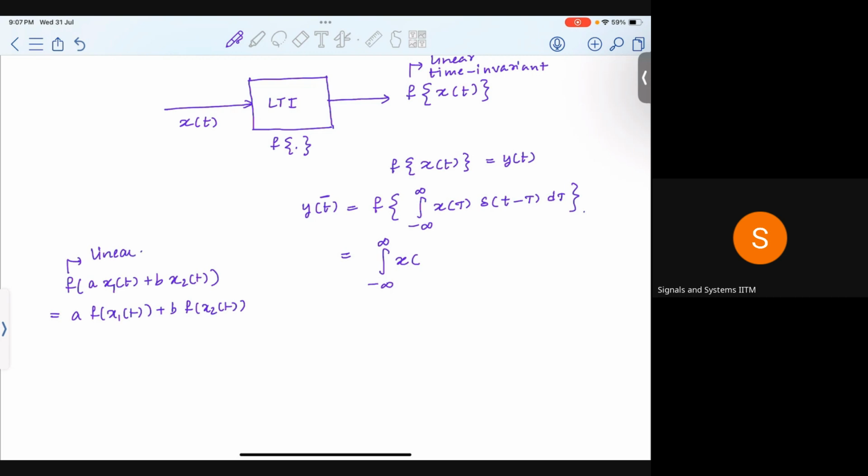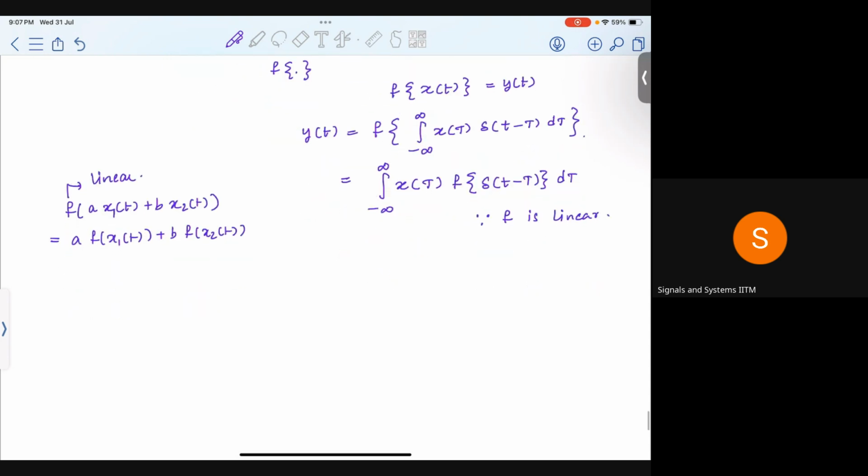Since we are working in the t domain, the tau values act like coefficients for the given signal, and hence f can be taken inside. This is because f is linear.